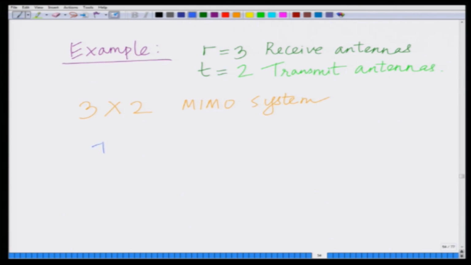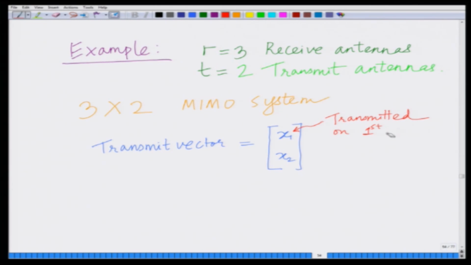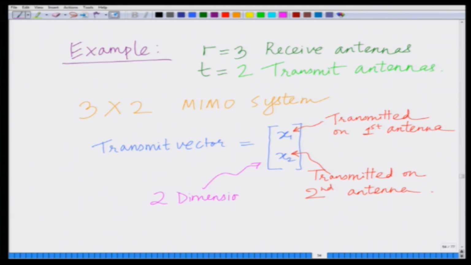Naturally, the transmit vector x equals x1, x2. x1 is the symbol transmitted on the first transmit antenna, x2 is transmitted on the second antenna, and therefore, naturally this is a two dimensional transmit vector.